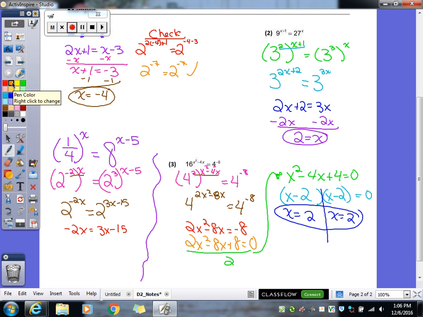So subtract our 3x over, I get negative 5x equals negative 15. So what does x equal? We divide by our negative 5. 3. So that's the main thing there. Fraction means when you put it into your base mode, you got to make sure that exponent is negative.